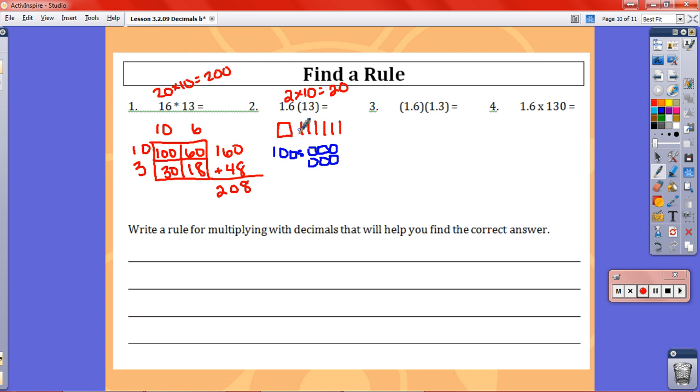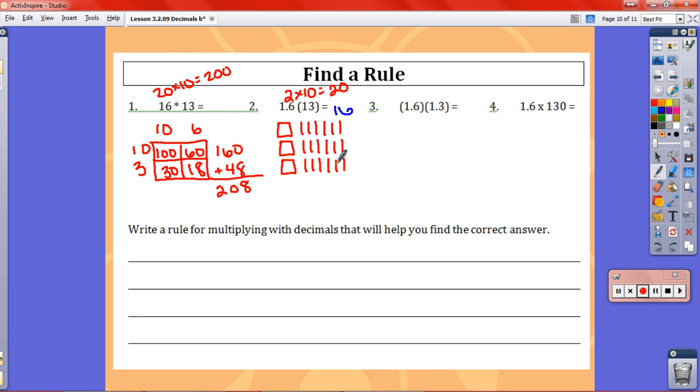So I'm going to go ahead and, to make room, erase this and just make a note that I'm going to have 16 plus 3 groups of this. Let me make my 3 groups of this. Two, 3.